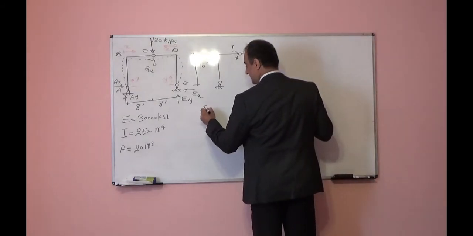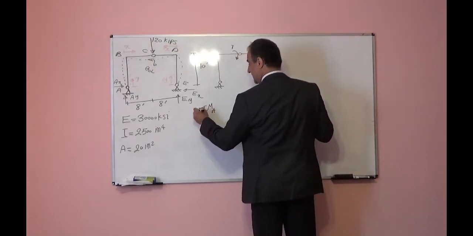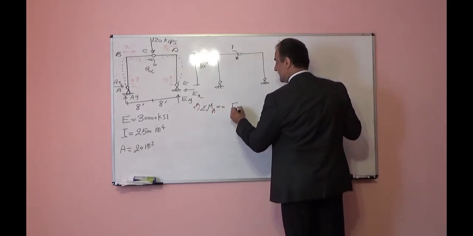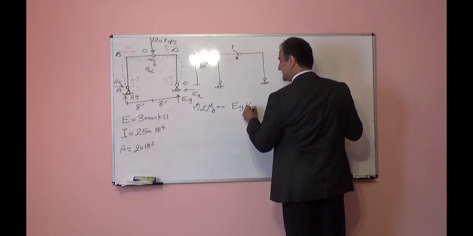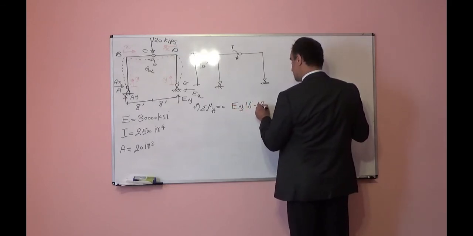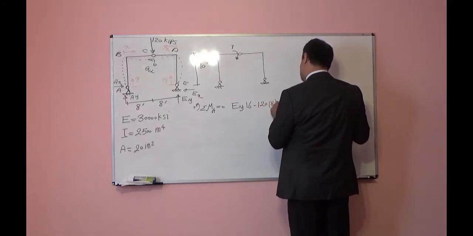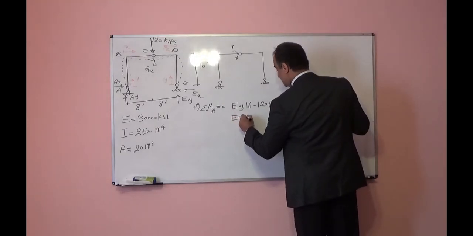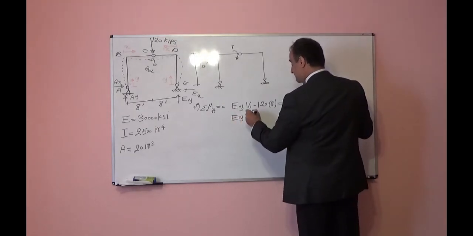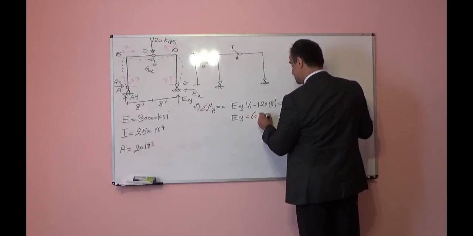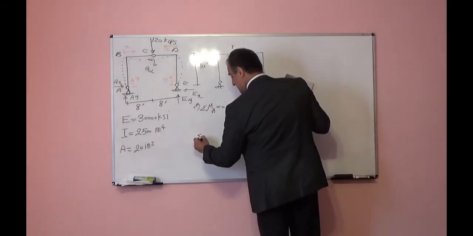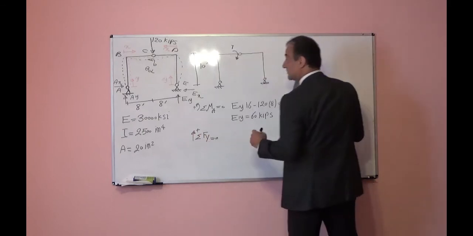For example, if I take moment with respect to point A equal to 0, I have Ey times 16 minus 120 times 8 is equal to 0. From here, Ey will be equal to 60 kips. Summation of forces in vertical direction equal to 0.